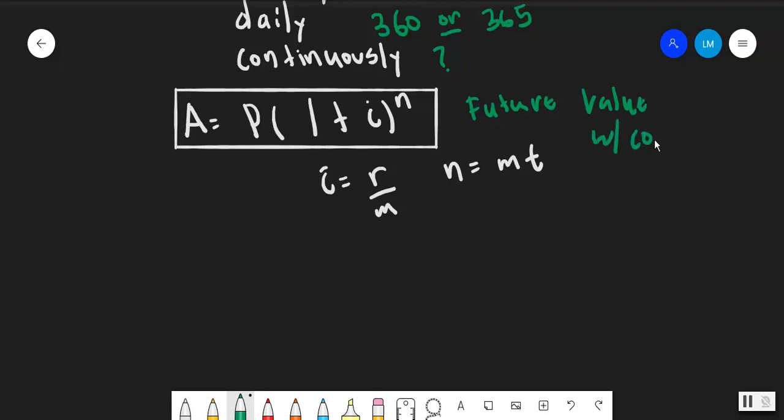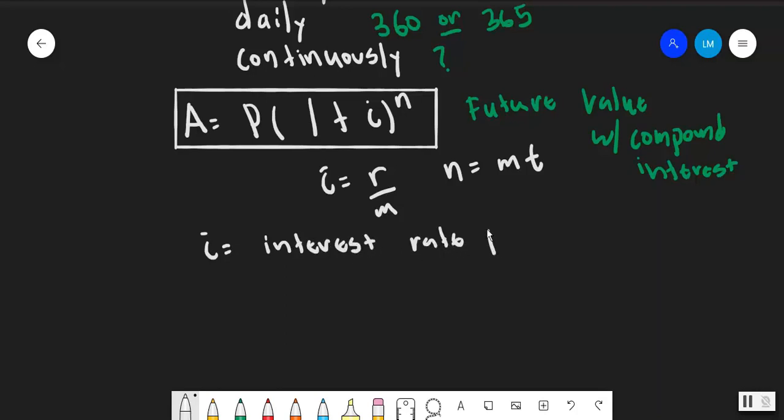We have that P is essentially the same thing, it's the principal. The r is the same, it's still the rate of interest. The only other thing you would need to know is that the i is the interest rate per period.